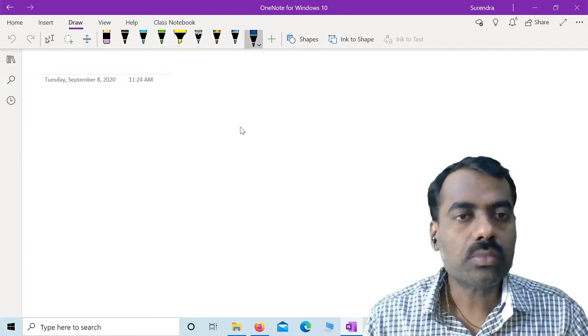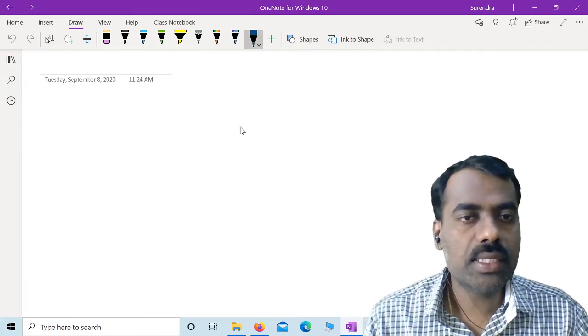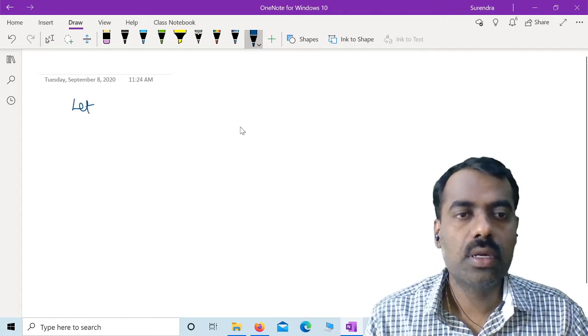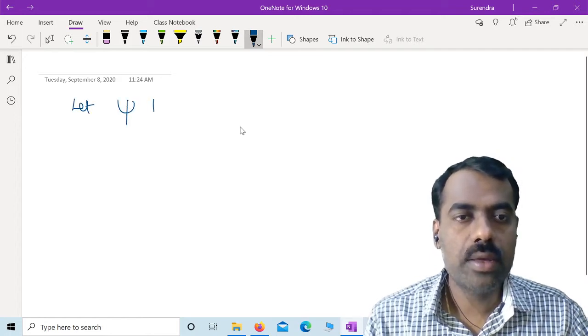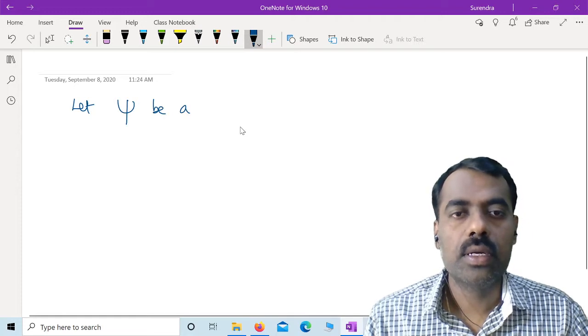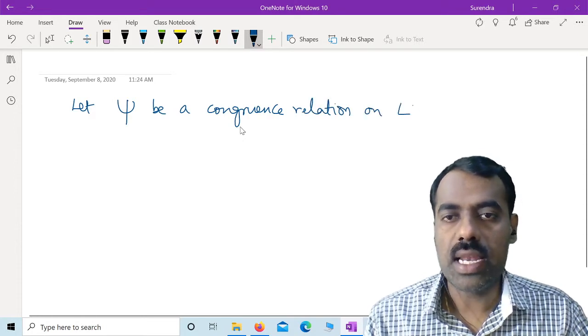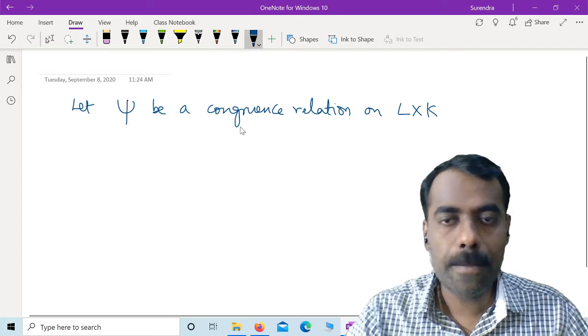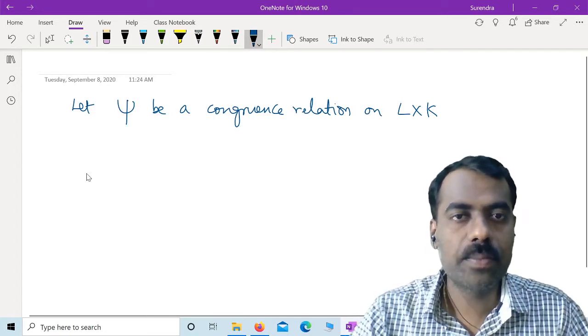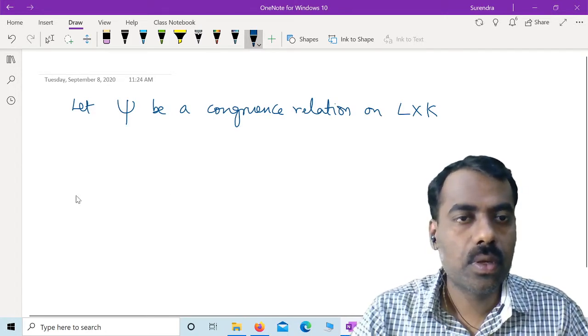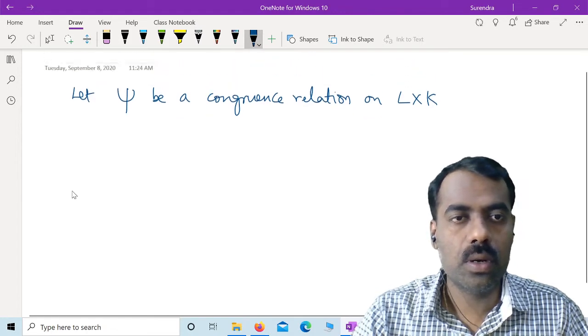So what we have to show is, suppose psi is a congruence relation on L cross K. Can you see whatever I am writing? Yes, sir. Okay.